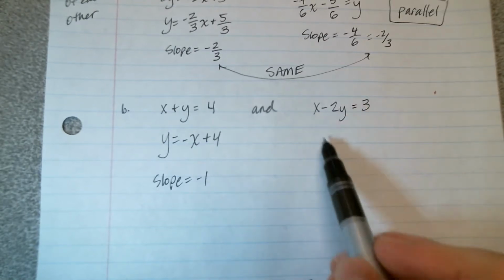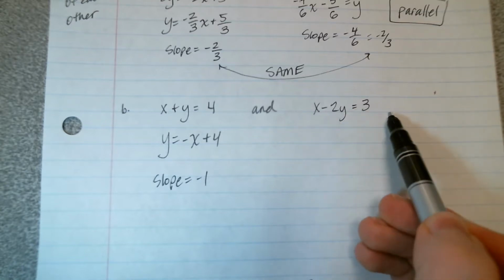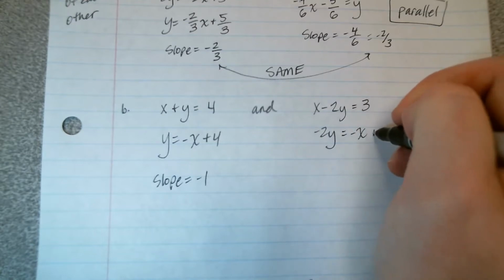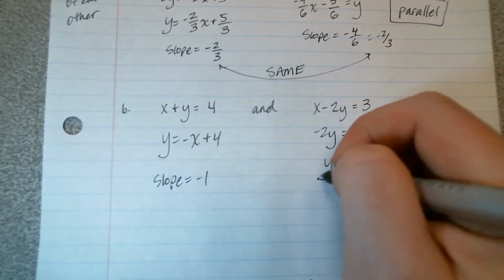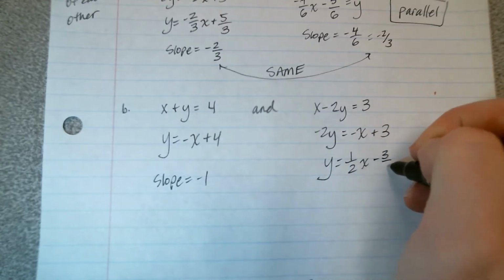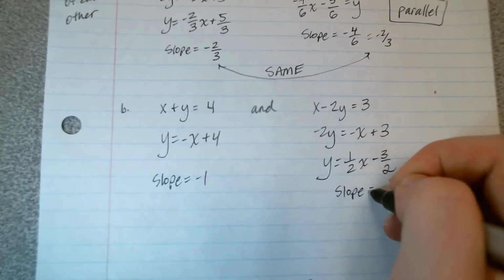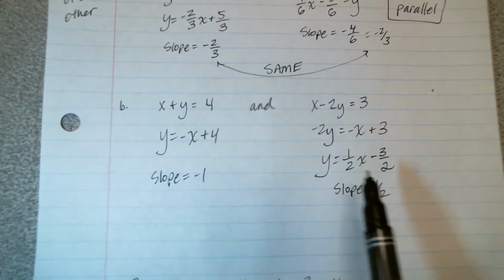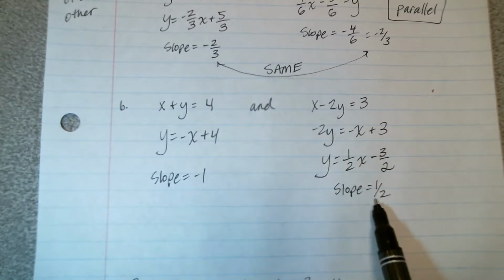And over here I'll subtract x from both sides, and then divide both sides by -2. And so over here the slope is 1/2. So they do have opposite signs. One is negative and one is positive.